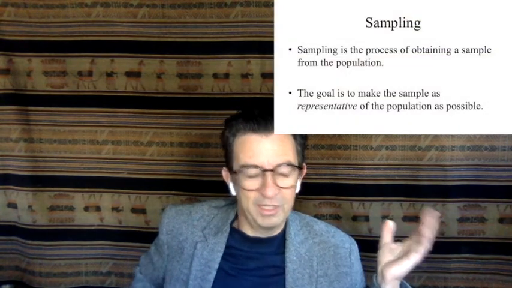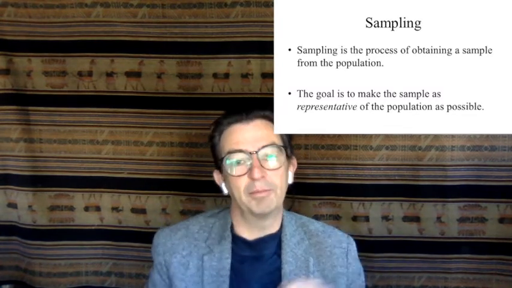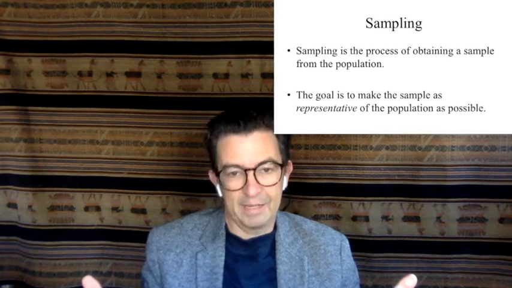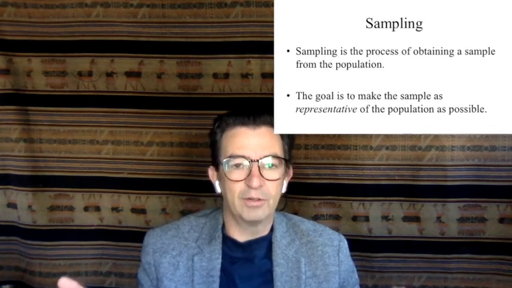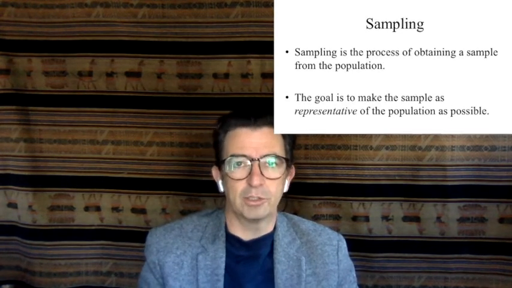Now, sampling is the process of obtaining a sample from the population. There are many ways in which we can obtain a collection of elements from a population, and sampling is really the theory of these methods that we use to collect samples from the population.